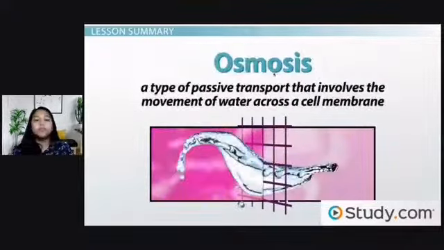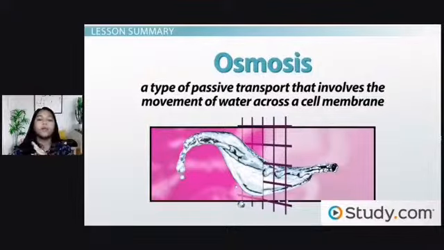Now, osmosis mo naman is a special type of passive transport that involves movement of water across a cell membrane, across a semi-permeable membrane. Pag may water sa inyong question, that would be osmosis. Okay? Pag tubig yung nasa question nyo, the movement of water across semi-permeable membrane, your answer would be osmosis. Osmosis po yan. Diyan po natin nakikita yung hypertonic, isotonic, and hypotonic solution.